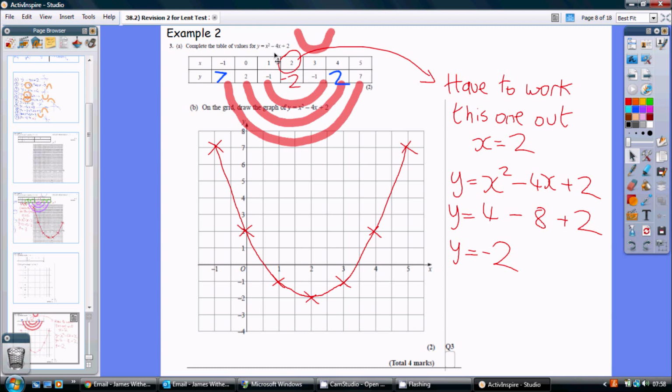So let's substitute 2 into the formula. 2 squared is 4. We're taking away 4 lots of 2, which is 8, then we're adding 2. So 4, take away 8, add 2, gives me minus 2. So I plot all these points, minus 1, 7, 0, 2, 1, minus 1, etc., and again I've just drawn it by freehand.